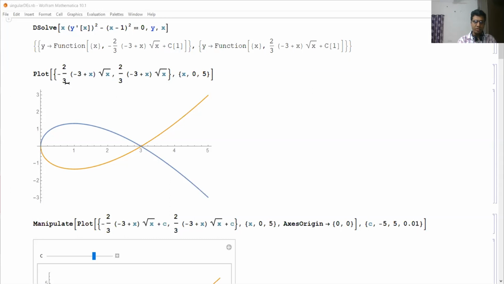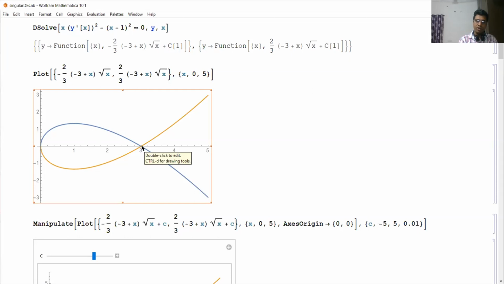Okay, so if we put c equal to 0 and sketch these curves, then we have this solution curve. One part is given by plus 2 by 3 into (x minus 3) square root x, another is with the minus sign. Okay, so we can see that there is a double point or node here.